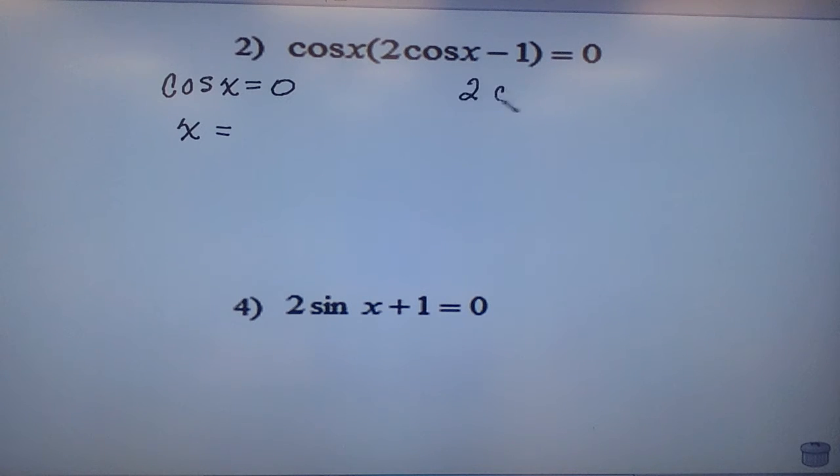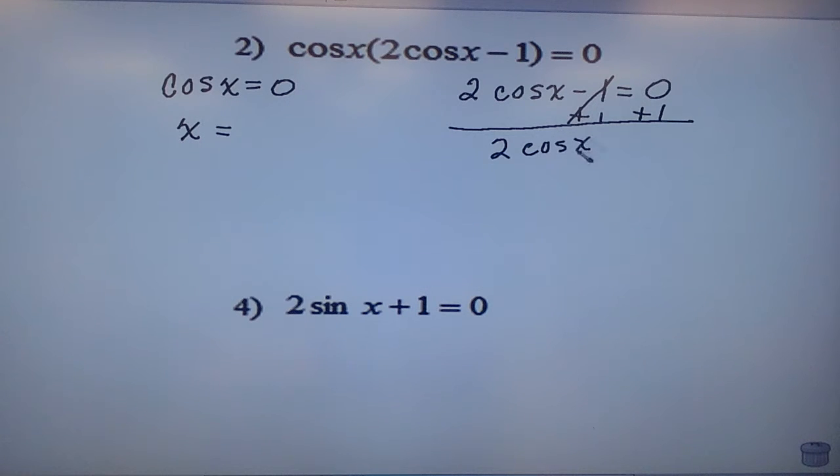So 2 cosine x minus 1 equals 0. Add 1. Two cosine x equals 1. Divide by 2. So we're looking for where cosine of x equals 1/2. So what are those angle measures?